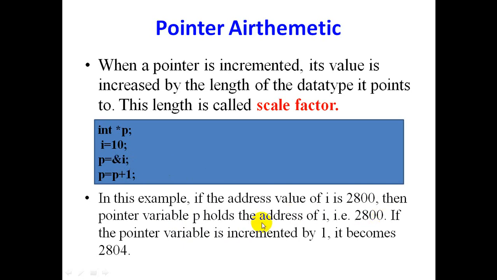So if the pointer variable is incremented by 1, that is P equals P plus 1, it becomes 2804. How? What is the size of int? 4 bytes. So it is incremented by the size of the data type. In pointers, increment means the pointer is incremented by the size of the data type in which it has been declared.